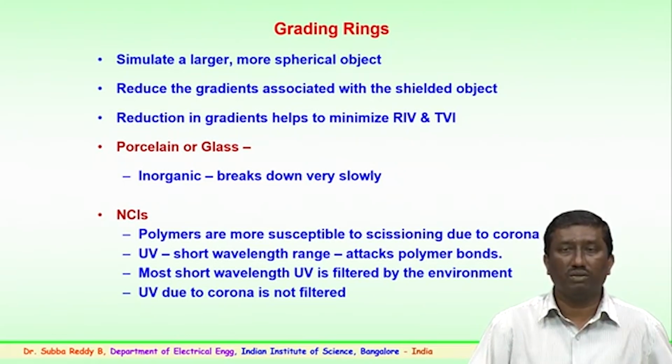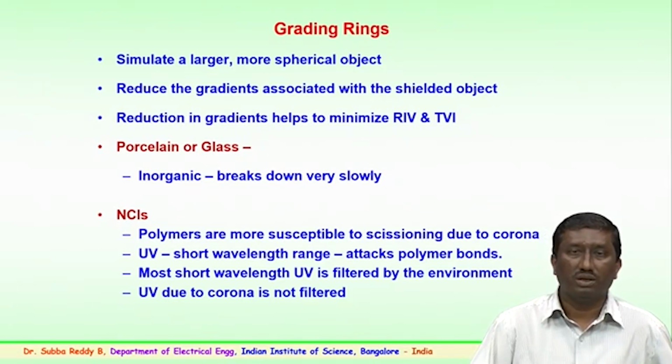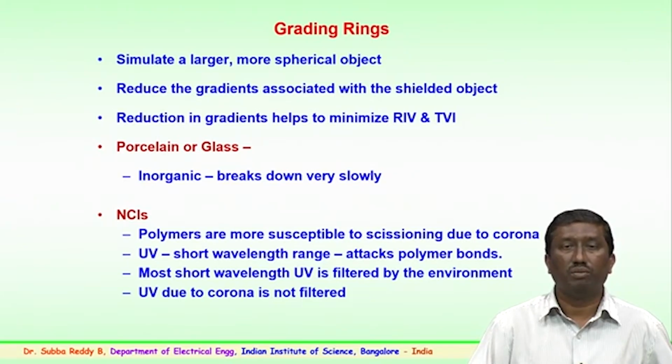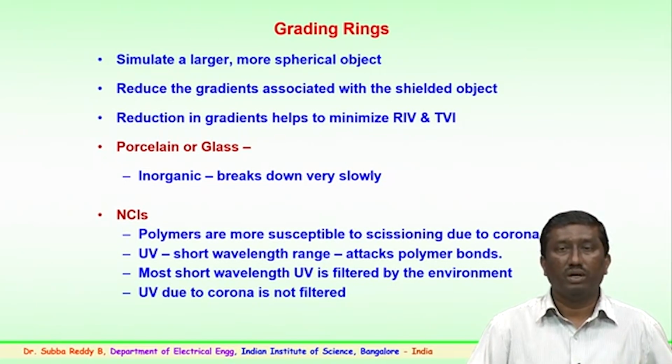Corona is a phenomenon which happens near the hardware and corona control rings, particularly in the vicinity of high voltage where air breakdown takes place. The corona may initially be audible, then visible discharges coming out from the hardware or corona control rings or grading rings continuously impinge on the surface of the non-ceramic or polymer insulators over a period of time.